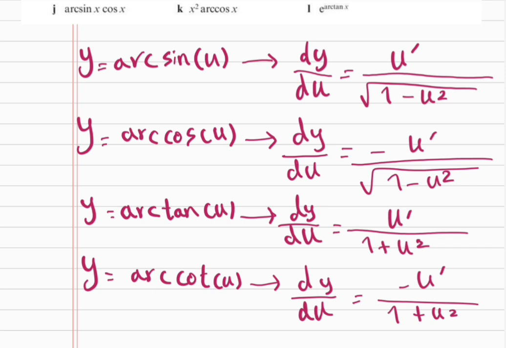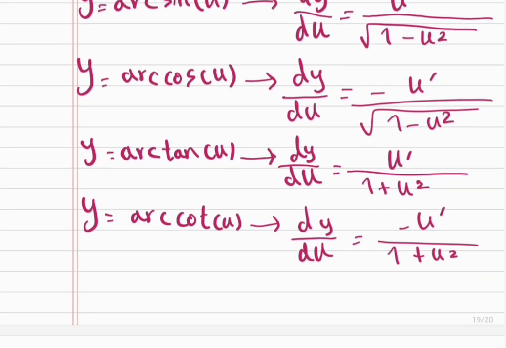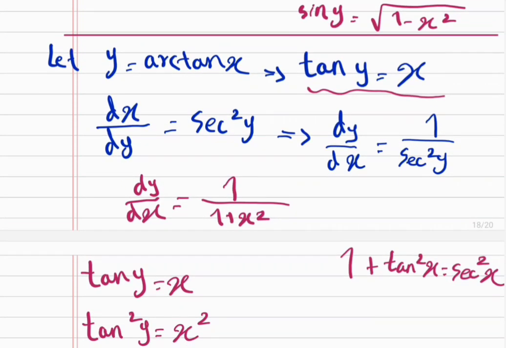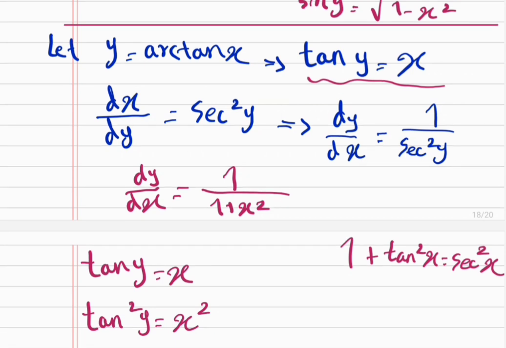In the textbook, the way they have written these, I think is a bit confusing, and I just want to point out, for example, let's take arctan x. If you look at the textbook for the section that shows the standard results, it has written that if you have a function which is arctan x, then its derivative is 1 over 1 plus x squared.